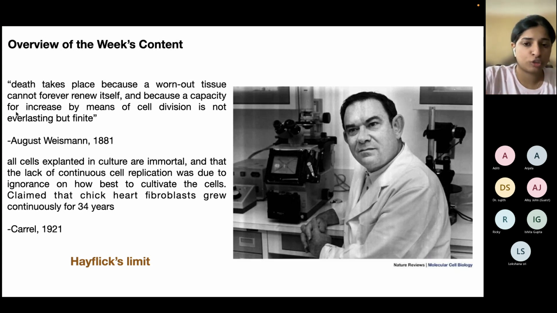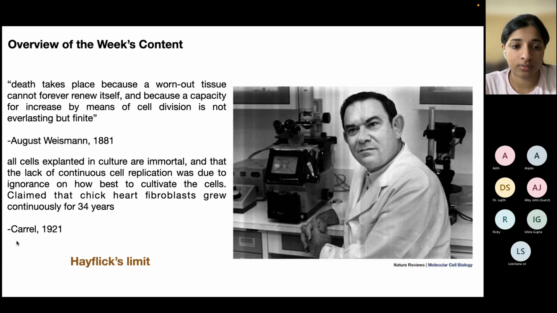There is DNA damage, mutation with every cell cycle, and there are DNA repair pathways also to correct these mistakes. But according to August Weismann, senescence, aging, and death happen because the cell has lost its correcting ability. And that is why it is not going to forever renew itself, and cell division is at one point of time going to stop.